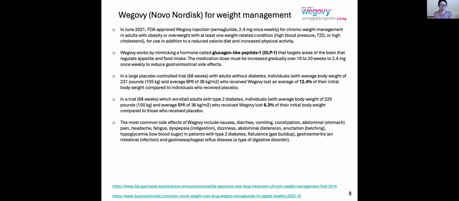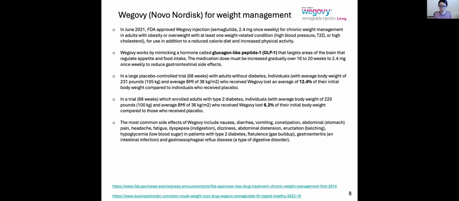So what did they find? In a large placebo-controlled trial, which took 68 weeks, with adults without diabetes, who had an average body weight of 231 pounds, which is 105 kilograms, and an average BMI of 38 kilograms per square meter, they received Wegovy and lost an average of 12.4% of their initial body weight.